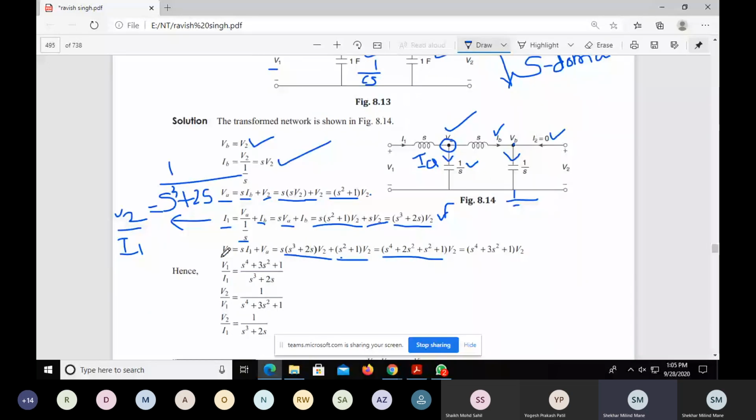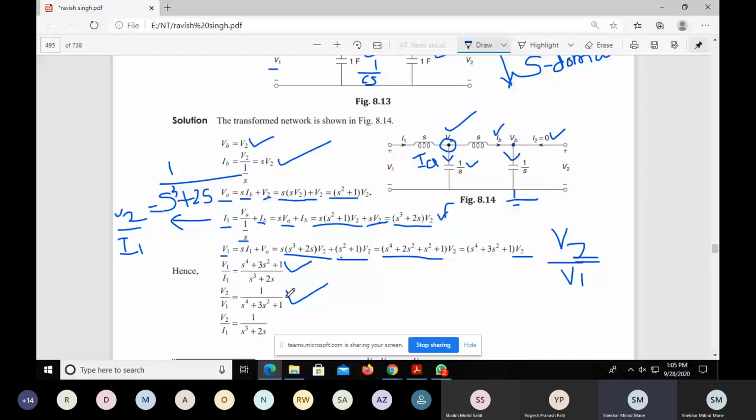Now here you have V1 and V2, so you can write the ratio V2 upon V1, which will be 1 upon S raised to 4 plus 3S square plus 1. This is your first required equation.